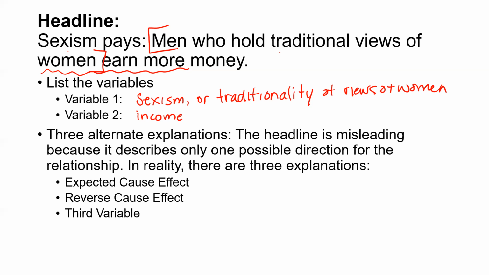All right. Is it possible that there is an expected cause and effect, that variable 1, the traditionality of their views of women, my invented word, could lead to higher income?